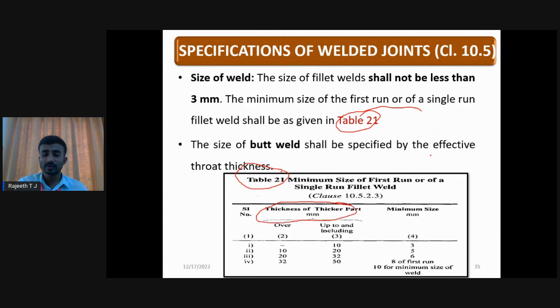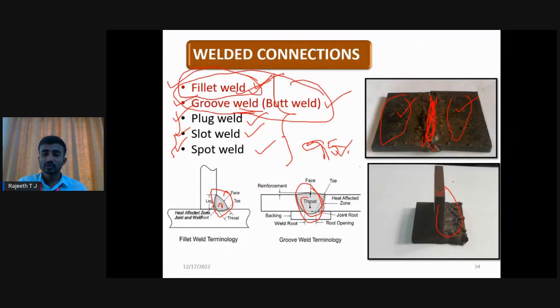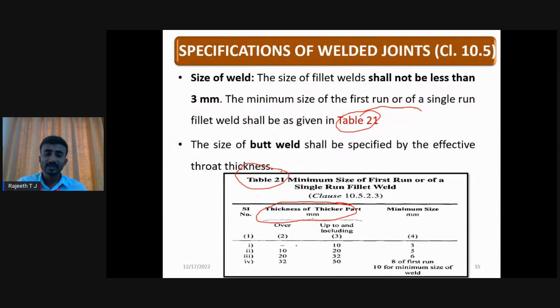Assume you're connecting two members like this. Out of these two, whichever is the thicker plate, based on the thicker plate, what size are we going to use? Assume that if the thicker plate size is up to 10 millimeter, you can use the minimum size as 3 millimeter. If the plate size is between 10 to 20, you can go for 5.